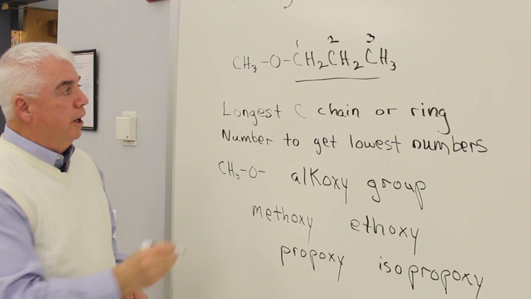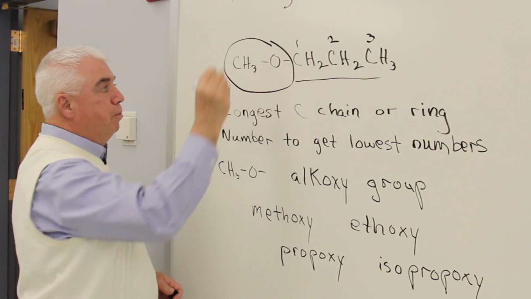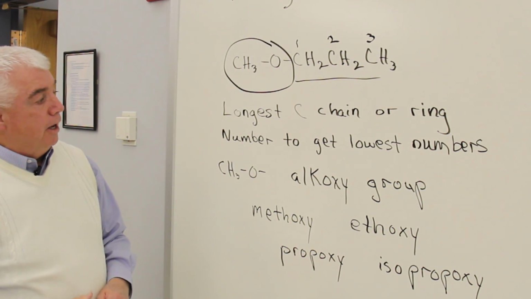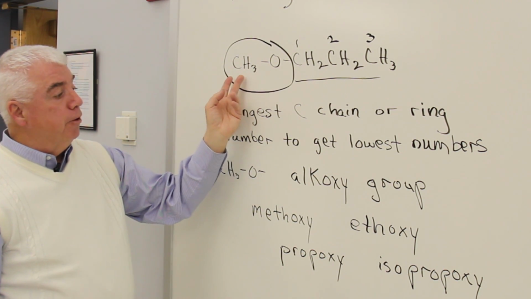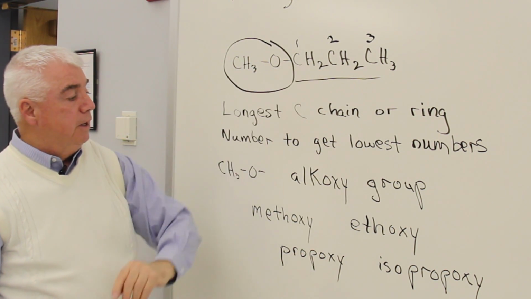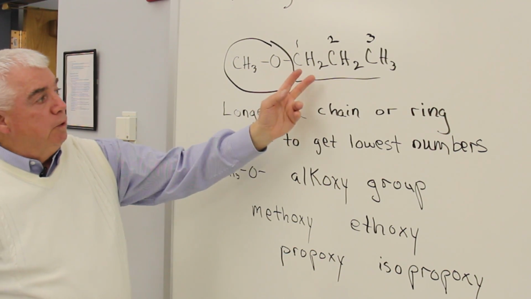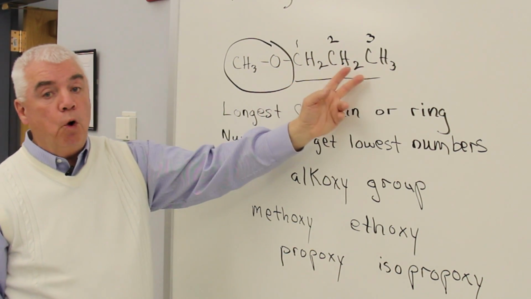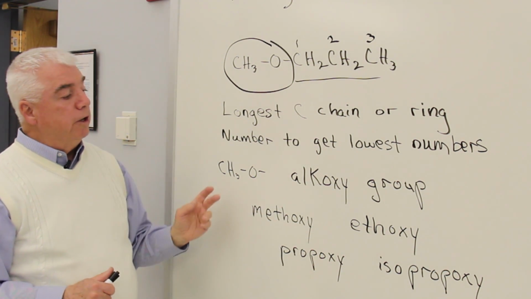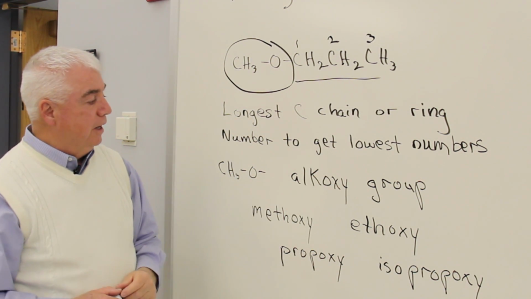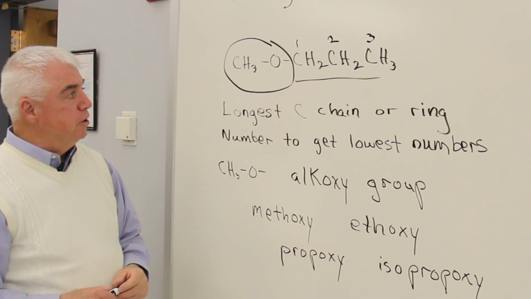At position 1, we have this group of atoms. And so we've got to come up with a name for that group. Then we're going to attach it to the rest of this. This would be propane. Over here, the OCH3 is called an alkoxy group because of the presence of the oxygen.